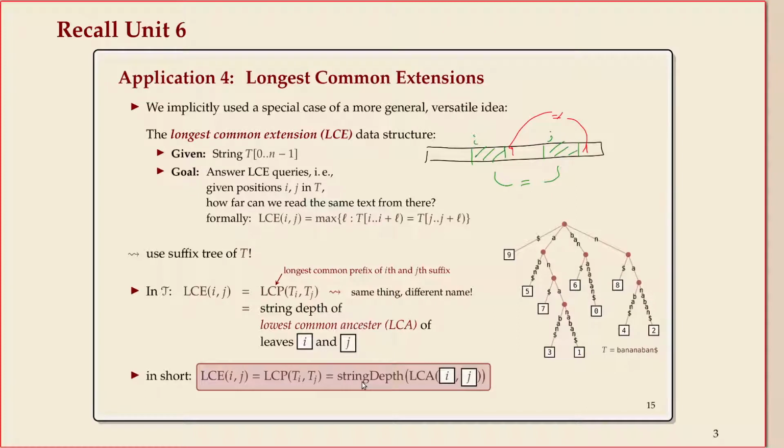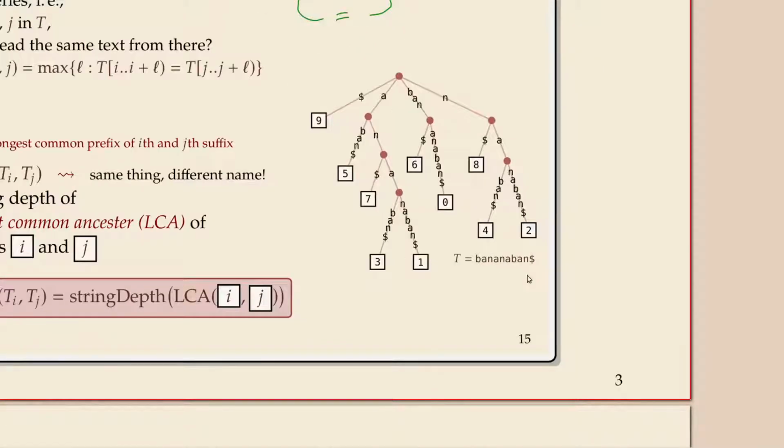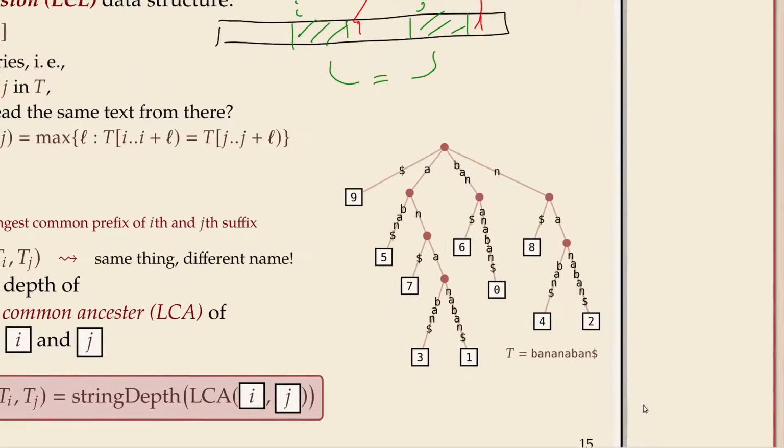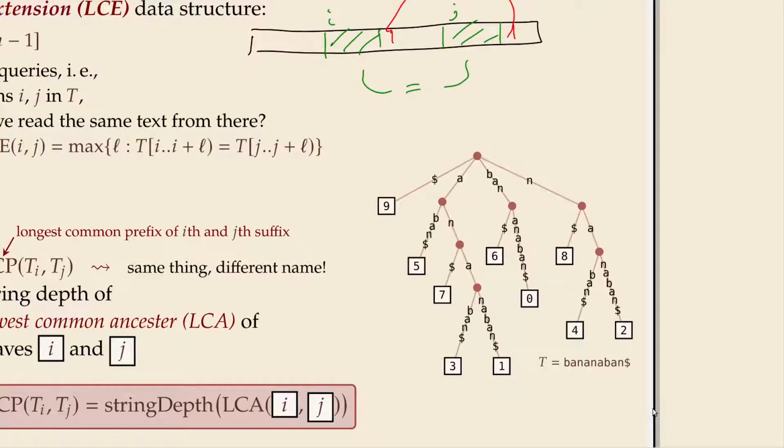So our example back then was this, banana ban. And so you could, for example, ask what's the longest common extension starting here and here. That's position 0, 1, 2, 3, 4, 5.